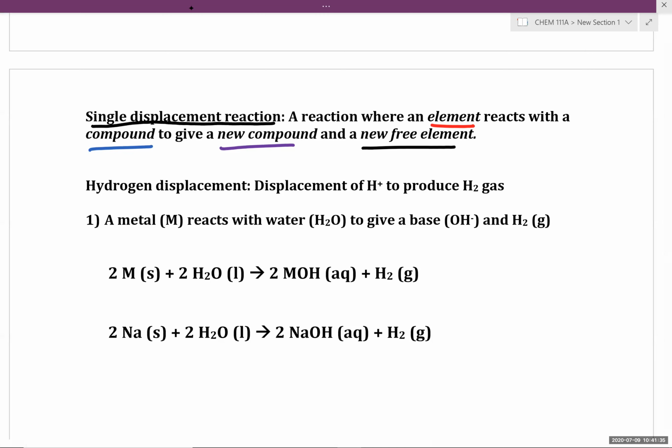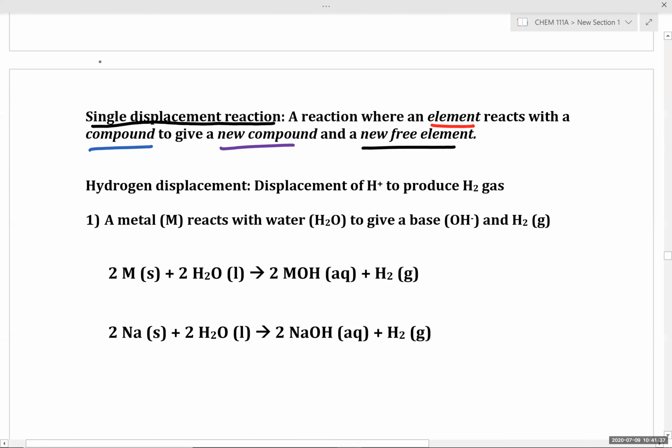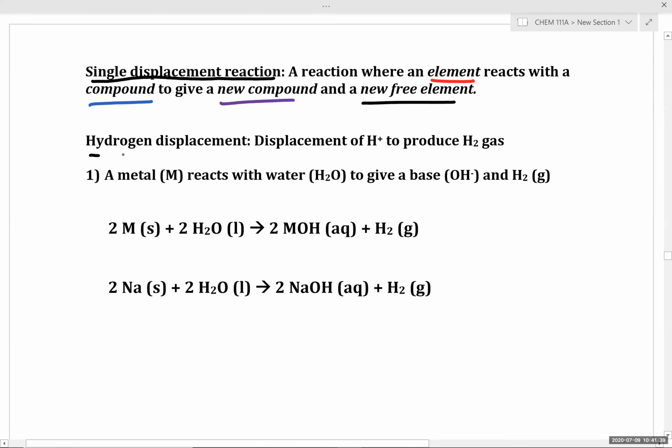So there are many different types of displacement reactions. The first of which is hydrogen displacement, which is displacement of H+ to produce hydrogen gas. One example of hydrogen displacement is if a metal reacts with water to give a base and hydrogen gas.